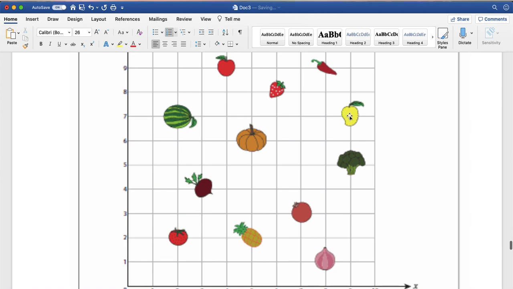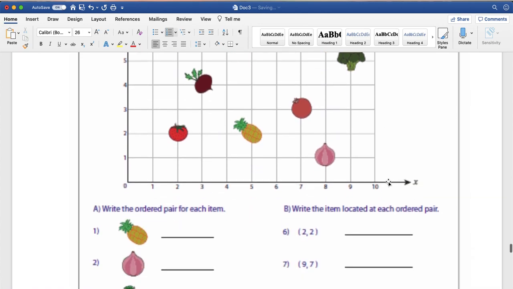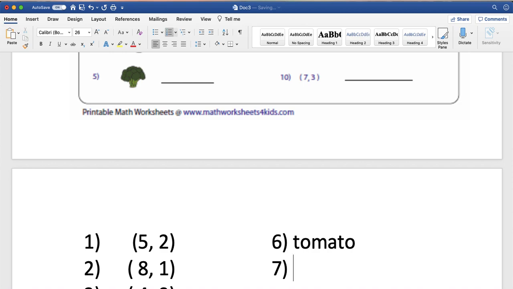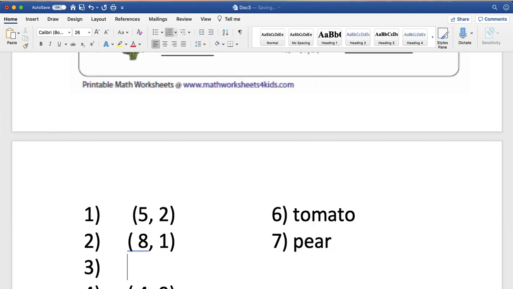So I'm right over here, and I'm just going to write down what that is. Pear. That looks like a pear to me.